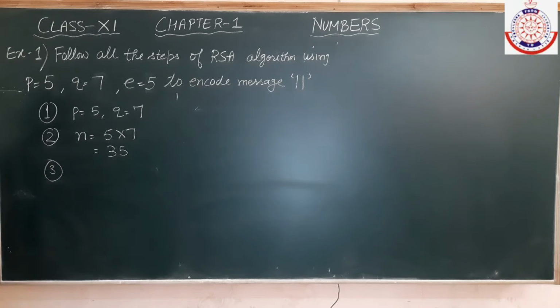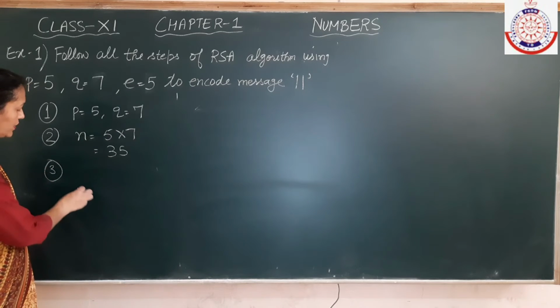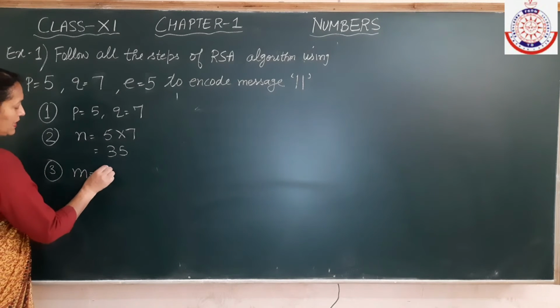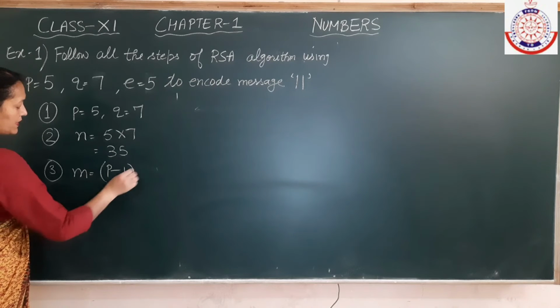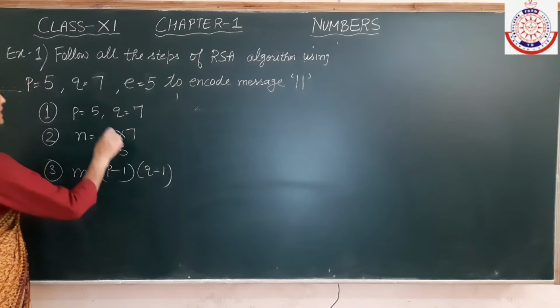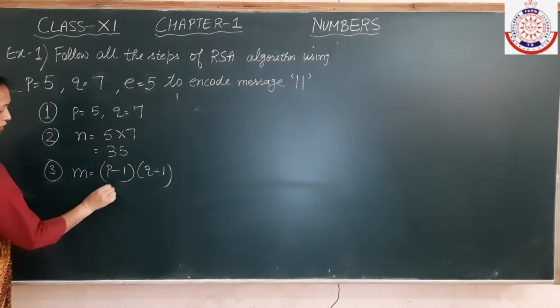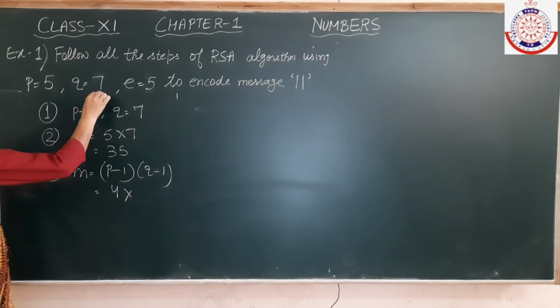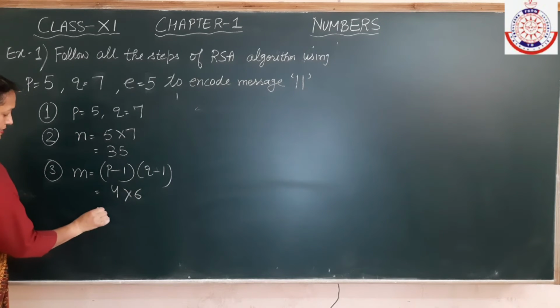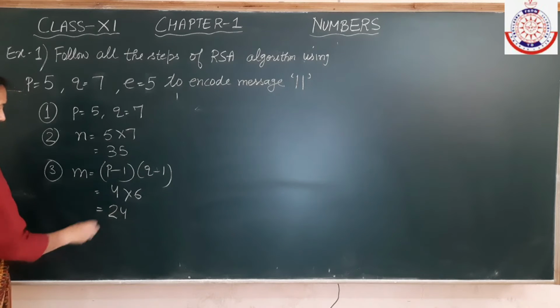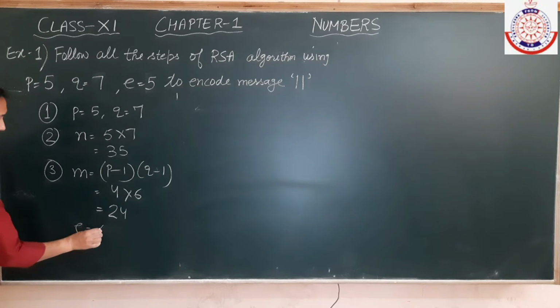Then we have to find a number m which is equal to P minus 1 into Q minus 1, that is 5 minus 1, 4, and 7 minus 1, 6, 24.